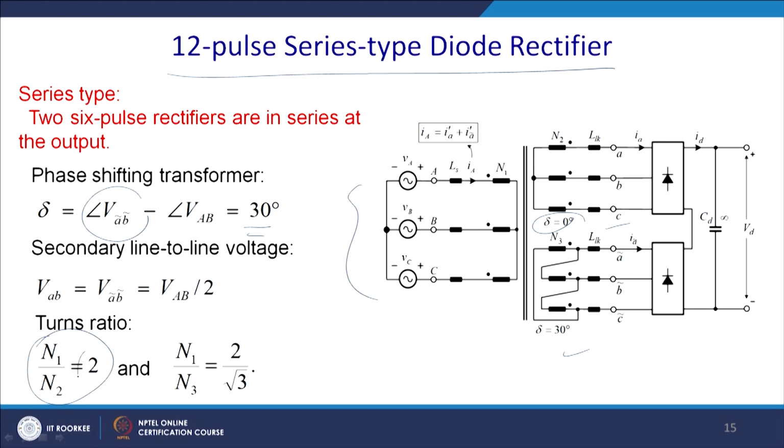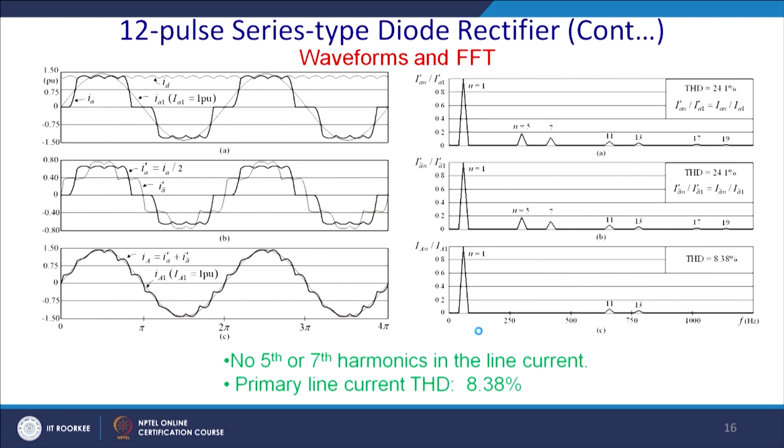For this reason the ratio needs to be 2 by 1.732, rather than 1 by 0.866. So, it will be a little higher than 1. In that way you need to fix up the winding.